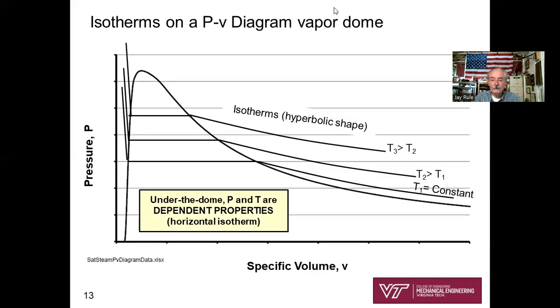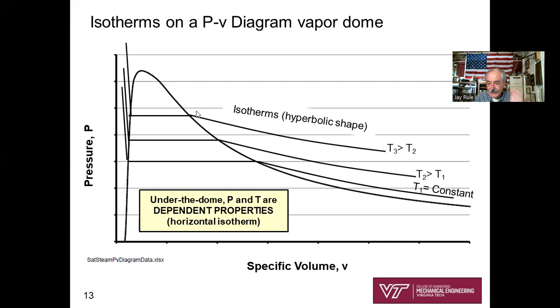So isotherm. Here's my big takeaway. I suggested you memorize the shape of these isotherms. Just put it in your mind. It starts out high, swoops down until it hits the vapor dome. Then it becomes a horizontal line, because P and T, pressure and temperature, are dependent properties under the dome, so it's got to be horizontal.